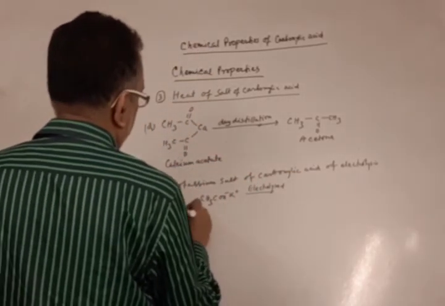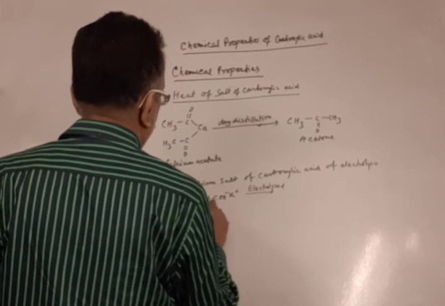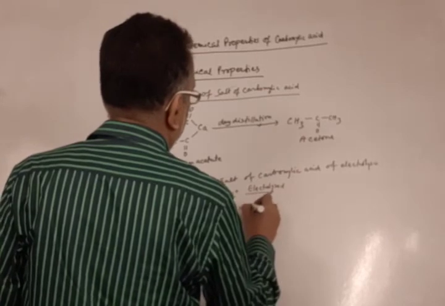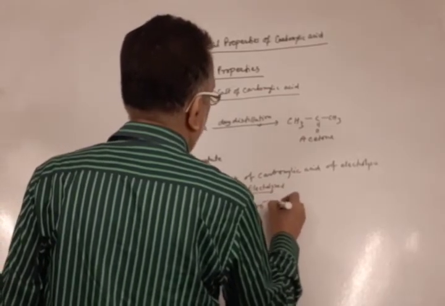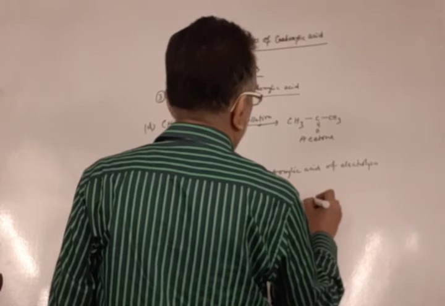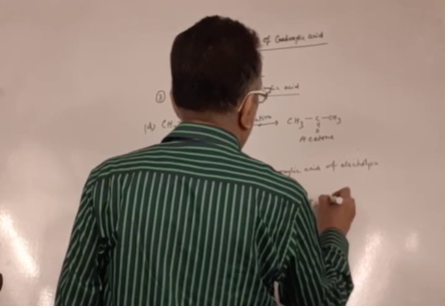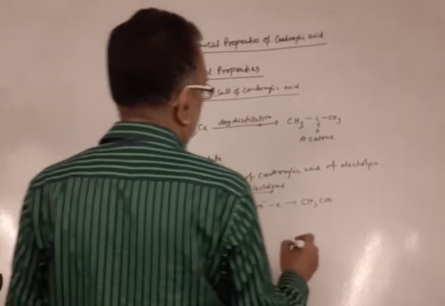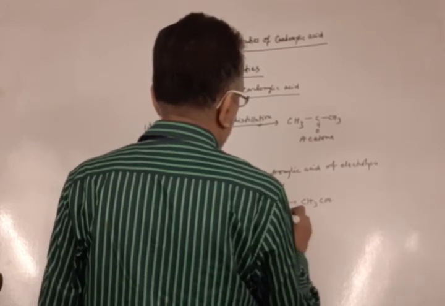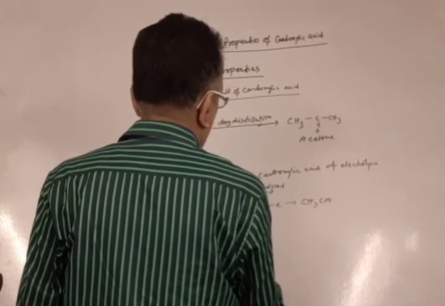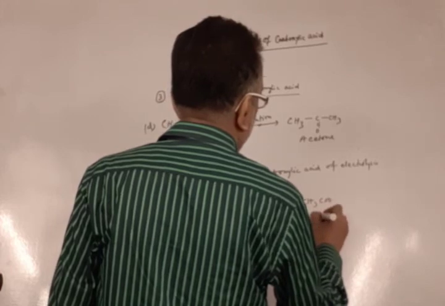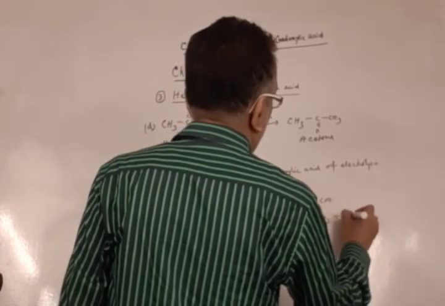then at the anode, what we get is CH3COO minus minus an electron gives us CH3COO free radical, and two molecules of this CH3COO free radical give us the corresponding CH3CH3 plus carbon dioxide.